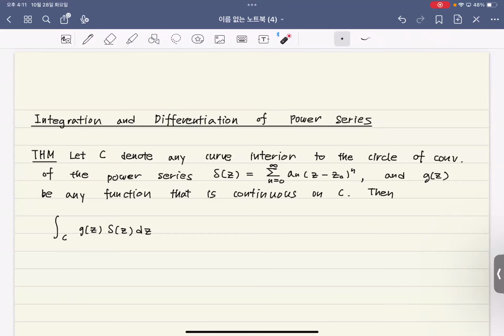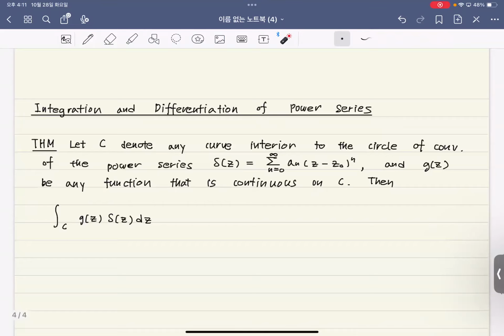Because of the previous theorem, we know that this is continuous everywhere inside of the circle of convergence, right? And this continuous function has been multiplied by another continuous function. And we are talking about the complex line integral of this. In other words, I just want to emphasize that this was actually the infinite power series.